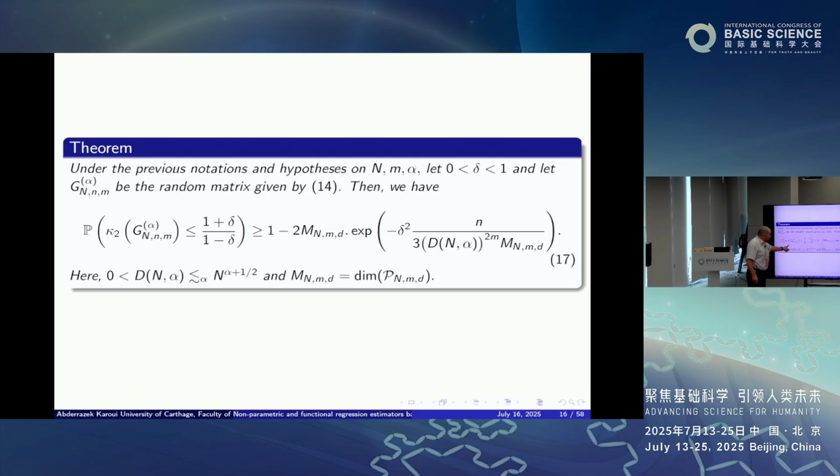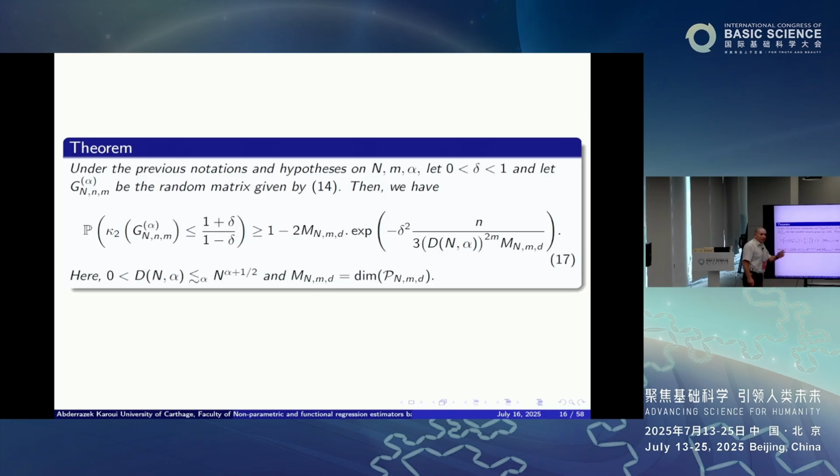The condition number is not that small, which means our algorithm is numerically stable. So we have proved two results. The first is that it is invertible without penalization. The second is that the condition number is not that small, so the numerical computations are stable.